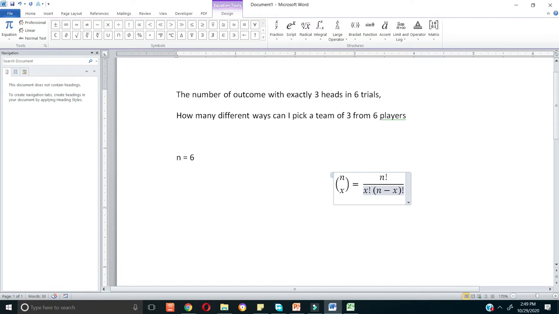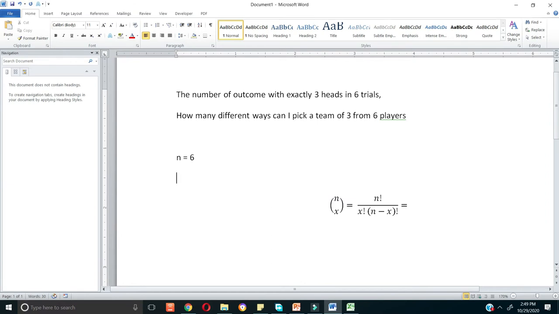So what this becomes for us basically is going to be, because we have n is 6 and x is 3, so the number of outcomes that have exactly 3 heads is going to be, our n is actually 6 factorial.